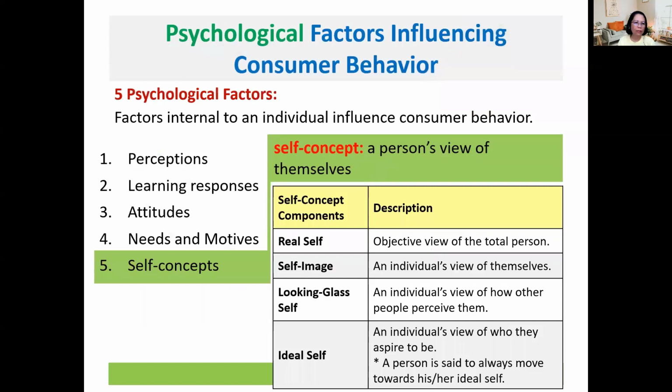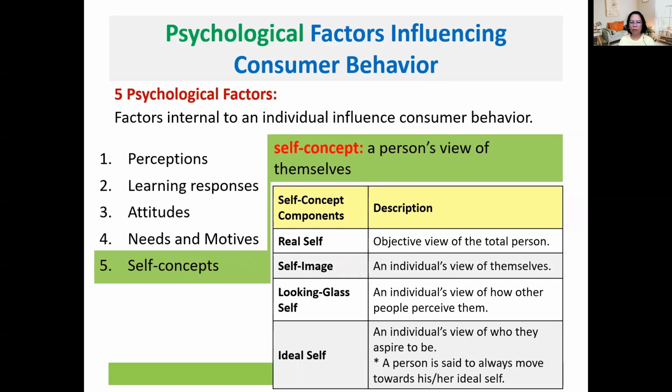So going back to the psychological factors, the last one is what is termed self-concept. Self-concept is a person's view of themselves. There are 4 self-concept components. First is the real self. This is the objective view of the total person. Next is the self-image.